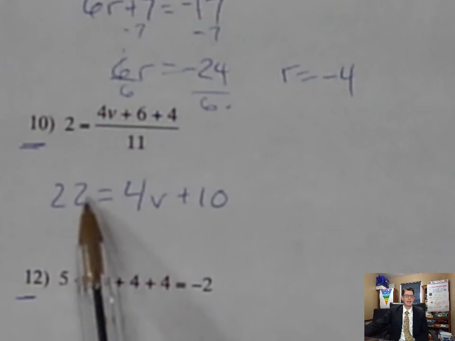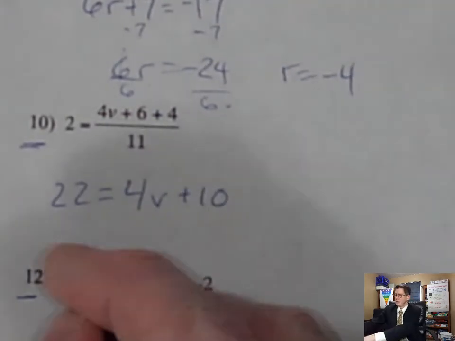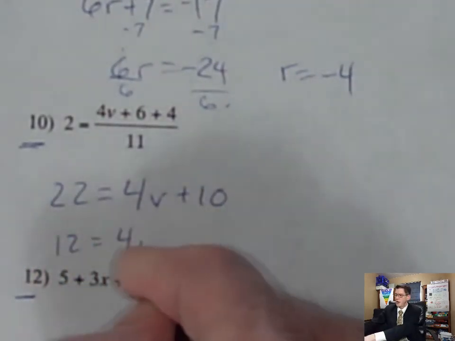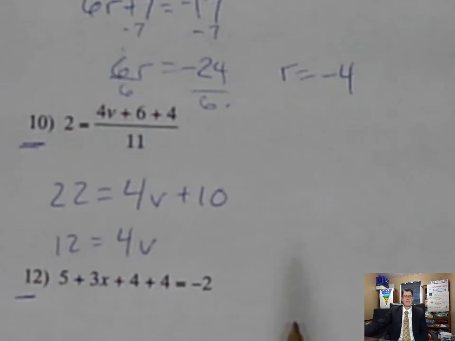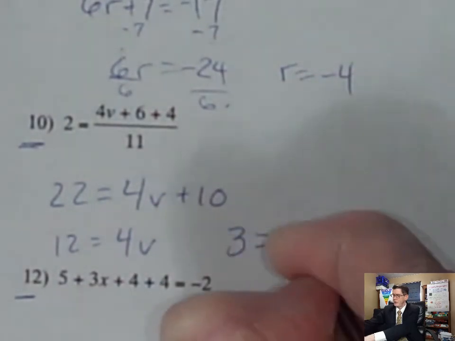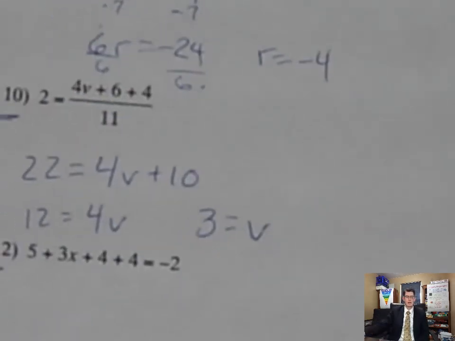If you want to subtract 10 off in your head, you'll know that 12 is 4 V's. And if you want to divide off 4 in your head, then 3 equals V, or V is 3.